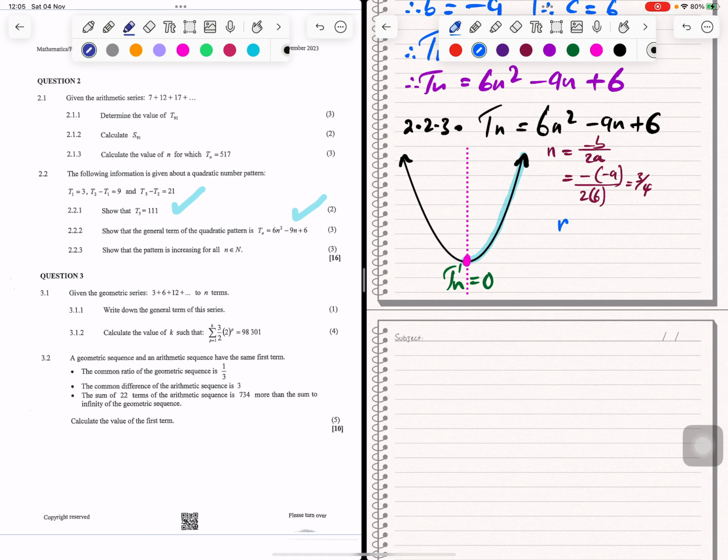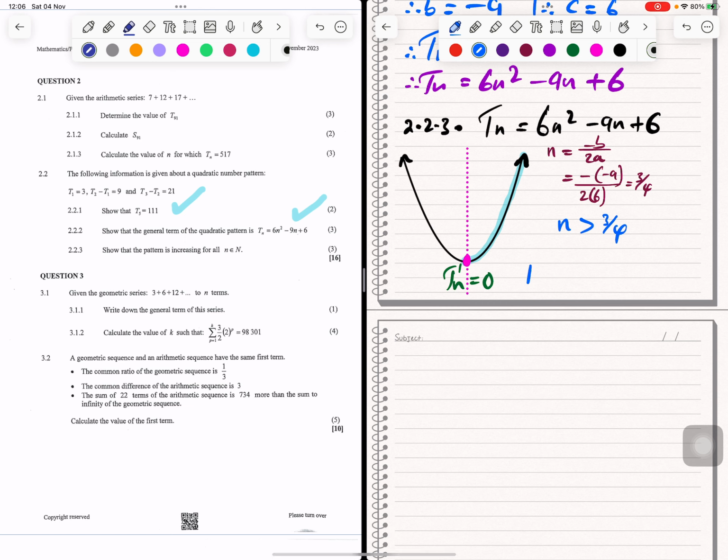So now, if you check anything bigger than 3 over 4, because that's when we are leaving this graph, it's going to increase. So when you substitute a value of n into the first derivative, you won't take that one. You can take any value of n bigger than 0.75.